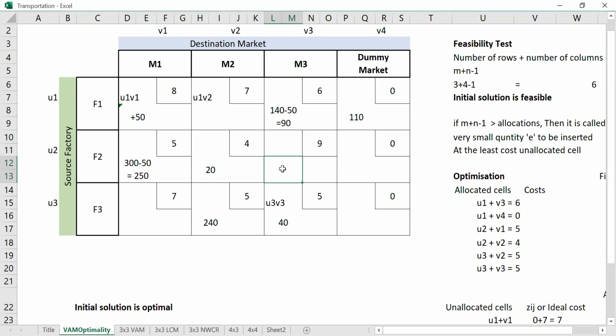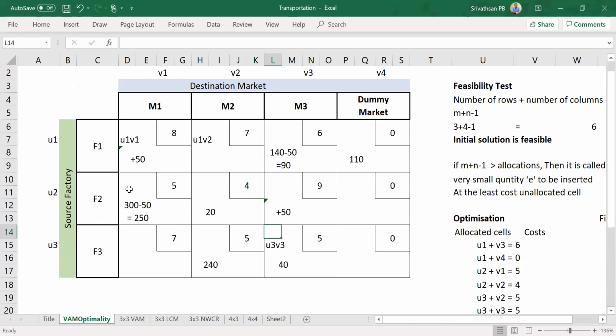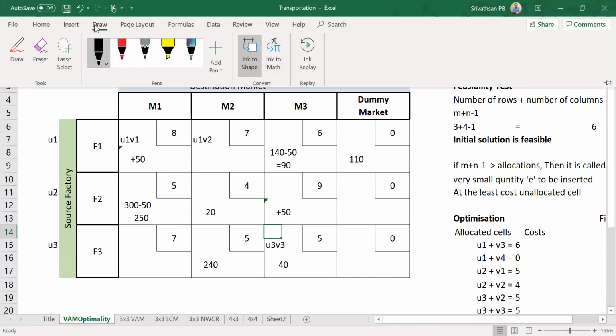If you check your previous slides, it's 180. So I need to add 50 here. So what have we done? This is a loop. Plus 50, minus 50, plus 50, minus 50. I'll draw and show you the loop.